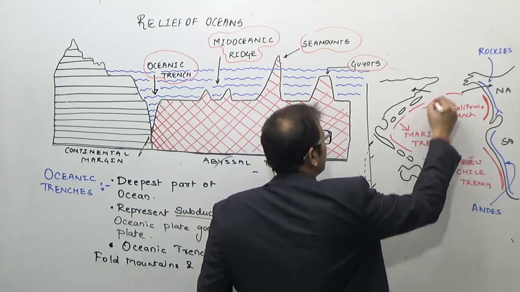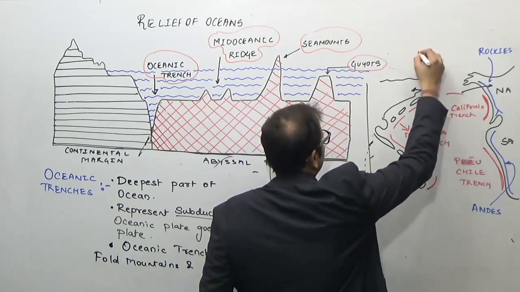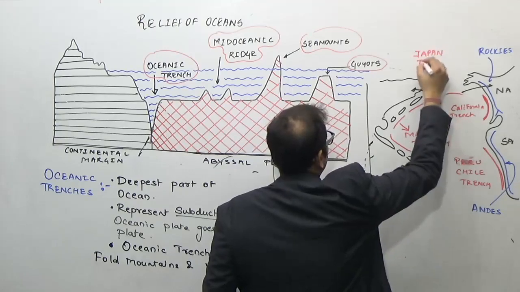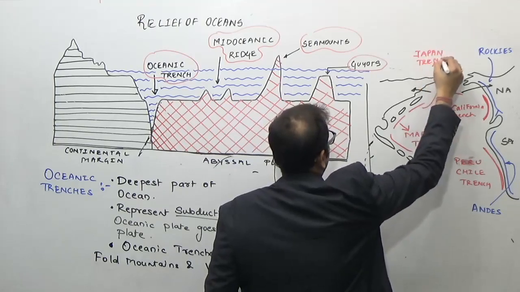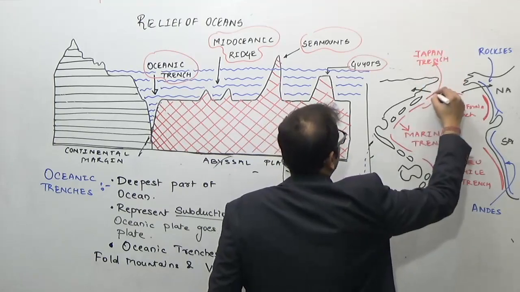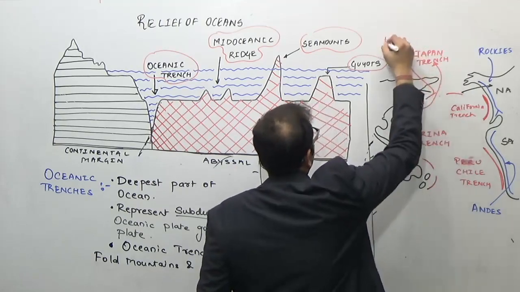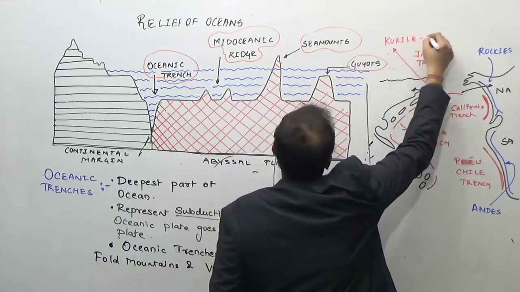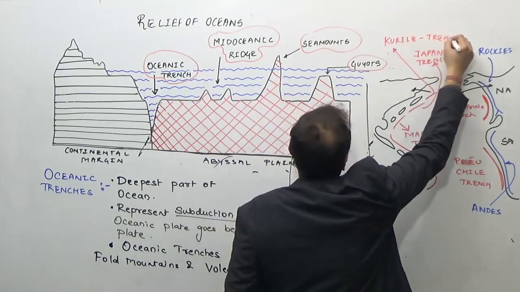There is another deep trench known as Japan Trench also located here in this region. The other trench, which is known as Kuril Trench, is also located in this region.